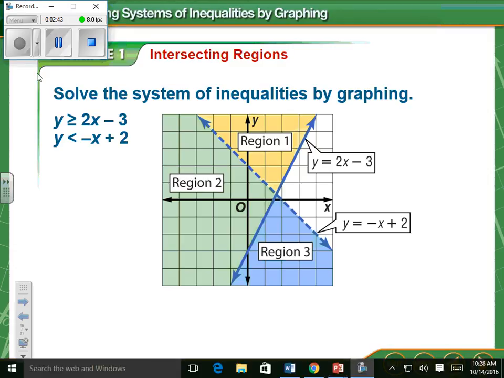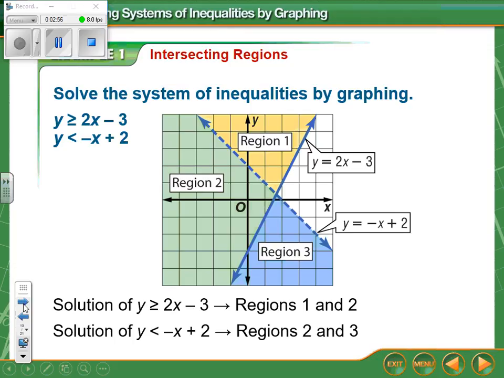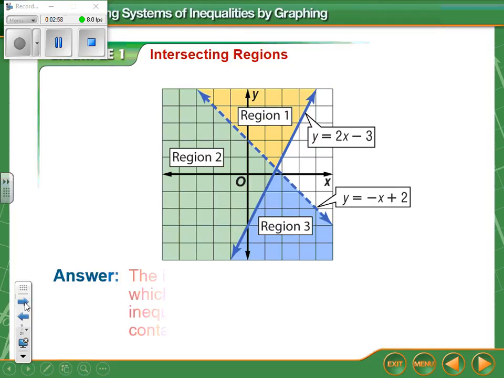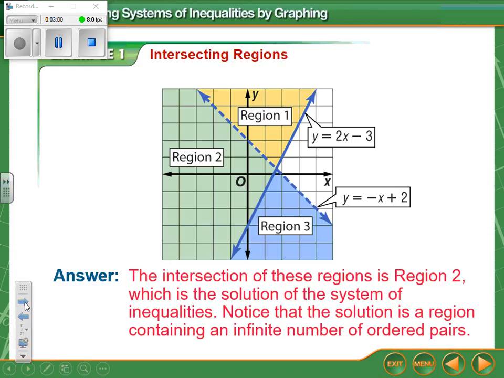No longer are we interested in just the point of intersection, but we're interested in the intersection of the shaded regions. The intersection of those regions is region 2, which is the solution of the system. Notice that the solution is a region containing an infinite number of ordered pairs, unlike a system of equations, which is just one ordered pair.